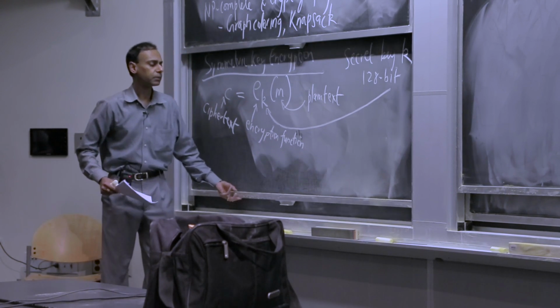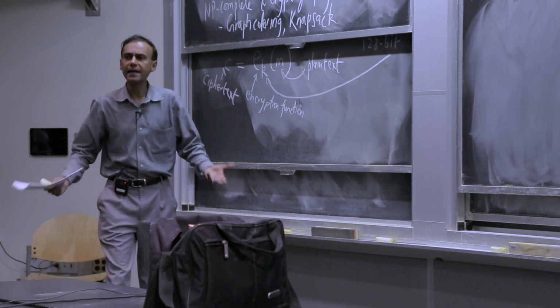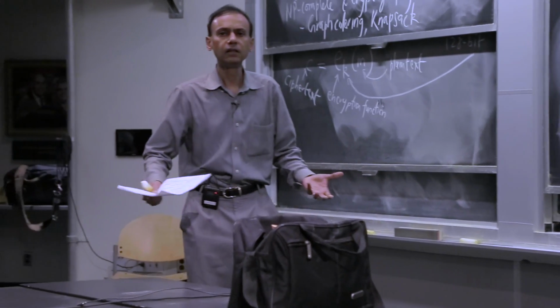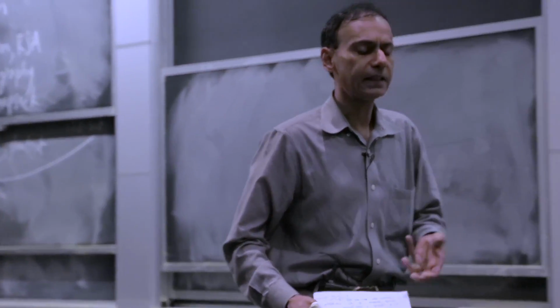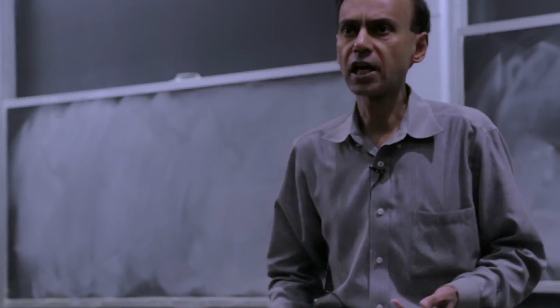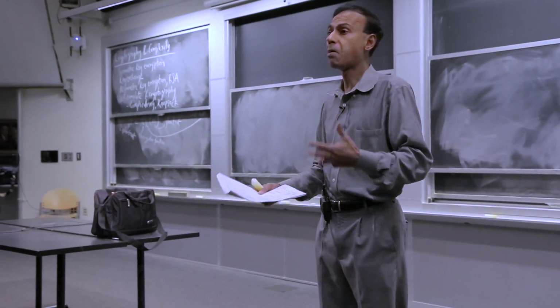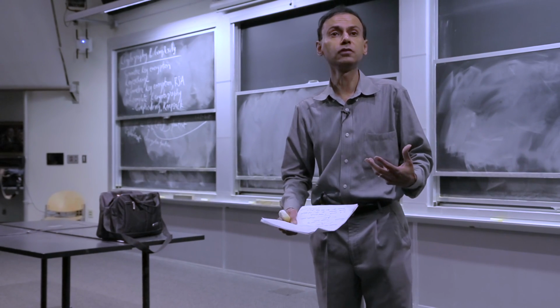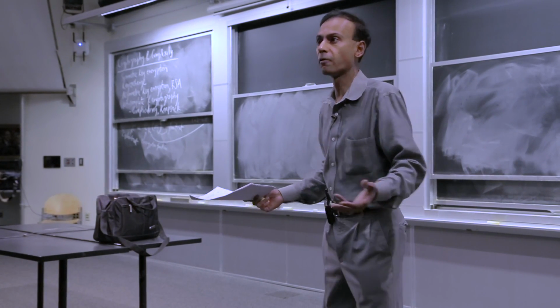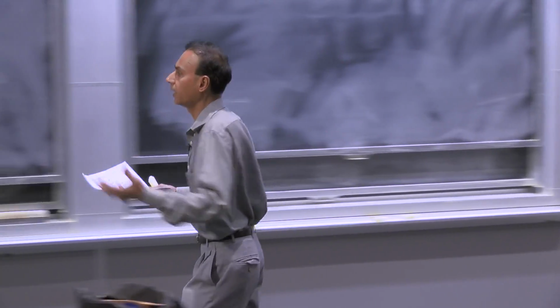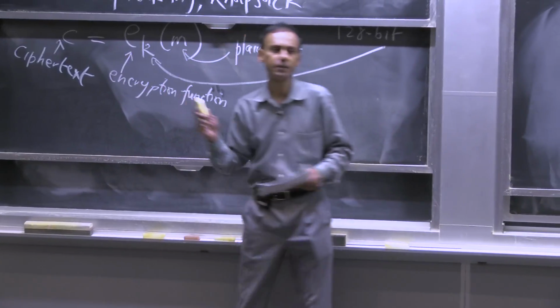Now, in symmetric key cryptography, basically the requirement is that you have to be able to get back the plain text from the ciphertext given a public decryption function and knowledge of the secret key. And this should be a straightforward operation, right? So E of K, M, this is a polytime computation.